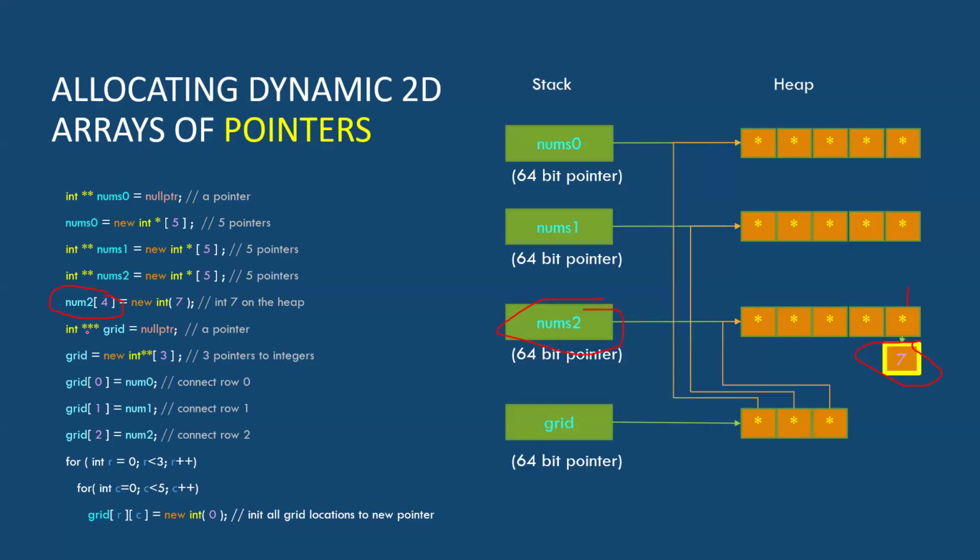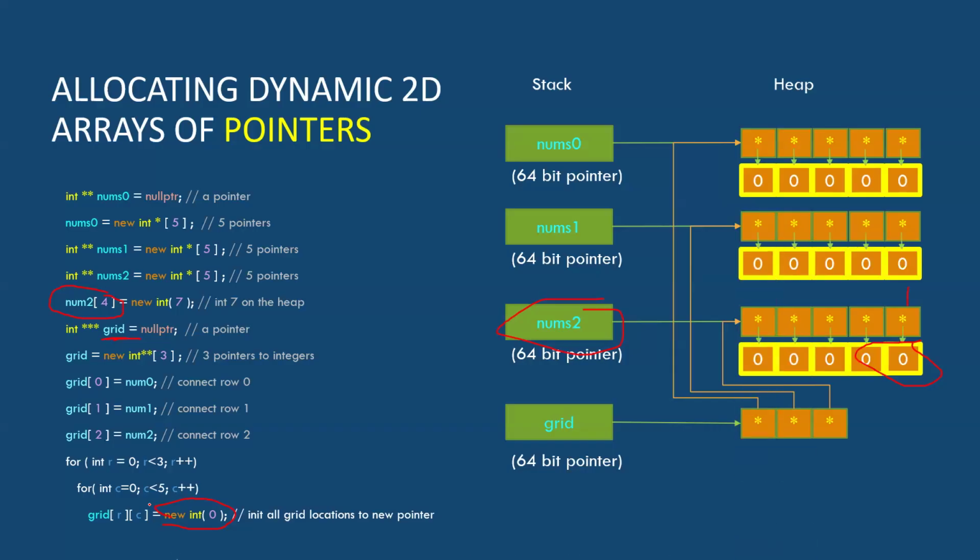And then finally we work with our triple star grid, right? Hook up all the rows and then go through and override it with a new integer or something like that, right? So, or not override it, but hook up pointers to all those things, okay?